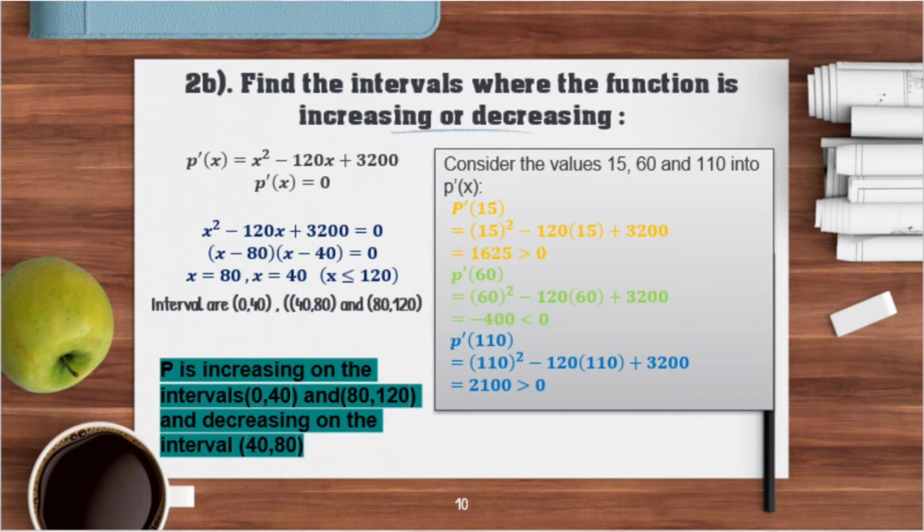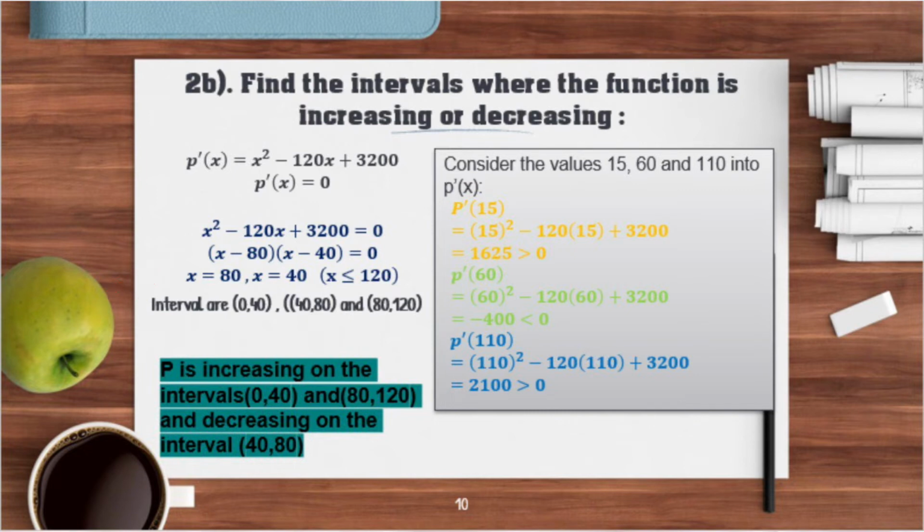In this case, we solve it using the P-prime equation. The P-prime equation is x squared minus 120x plus 3,200, and setting P prime equal to 0. We will get x is 80 and 40.